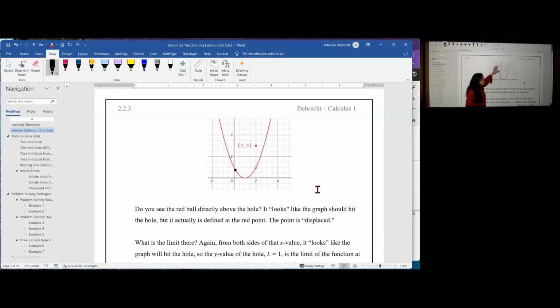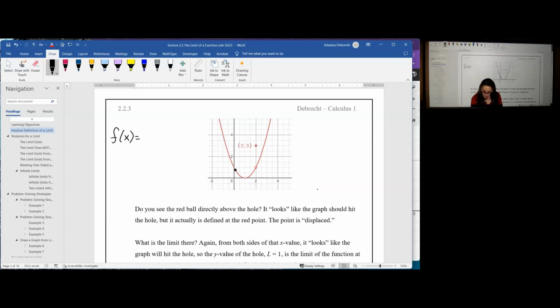And when we look at the graph, notice that we have a pothole in the graph, but the point is actually defined up somewhere else. That means that this is a piecewise defined function.